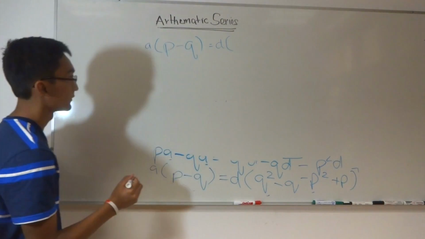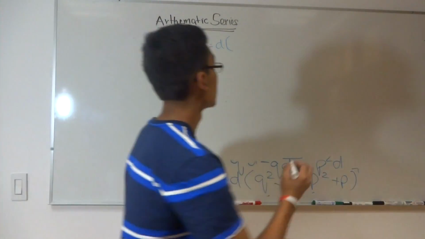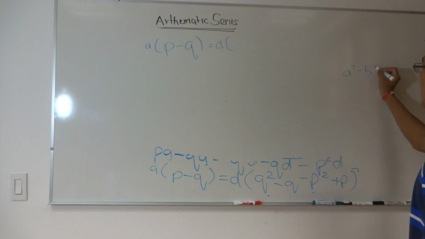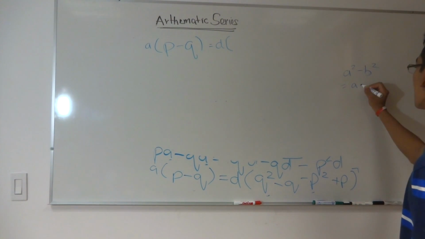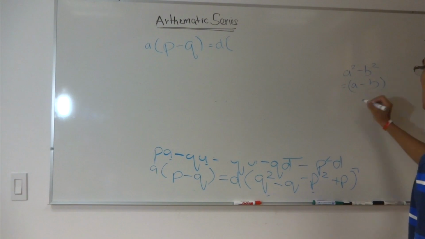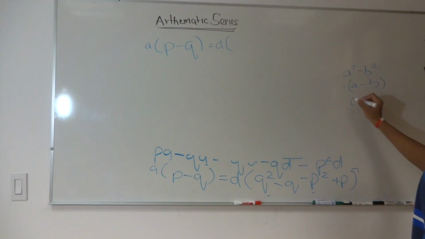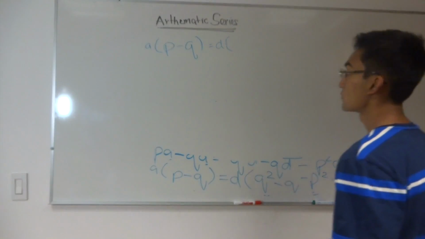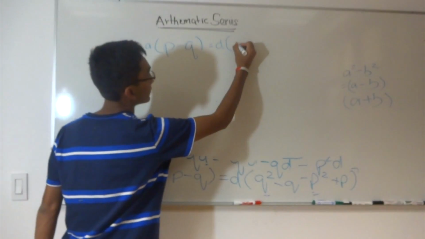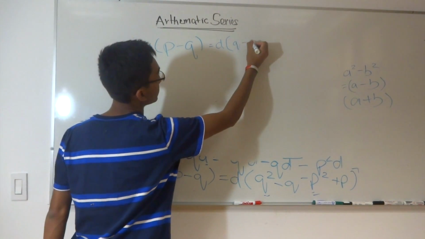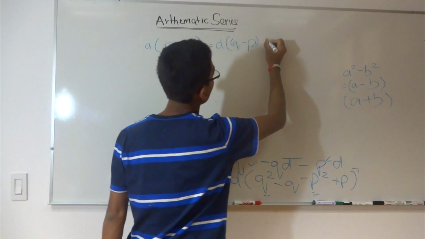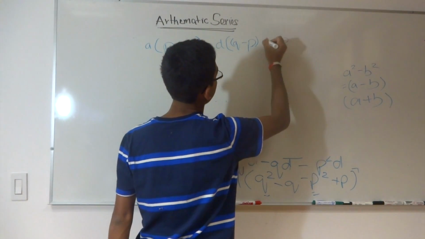Does that remind you of a squared minus b squared is equal to (a minus b)(a plus b)? Yep. So q squared minus p squared will be (q minus p)(q plus p).